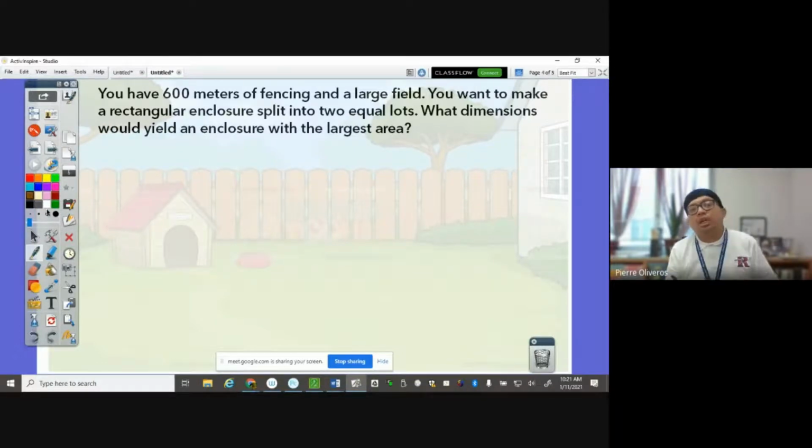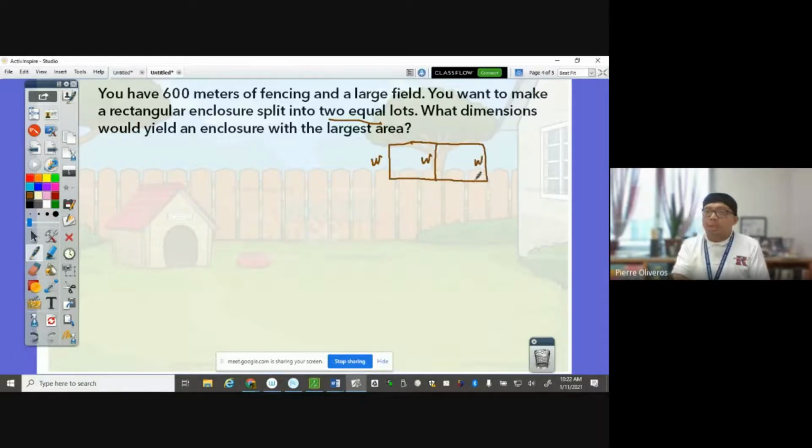You have 600 meters of fencing and a large field. You want to make a rectangular enclosure split into two equal lots. What dimensions would yield an enclosure with the largest area? All right, on this field we would like to split it into two equal lots. So we split it, and that makes a width and a width right here.